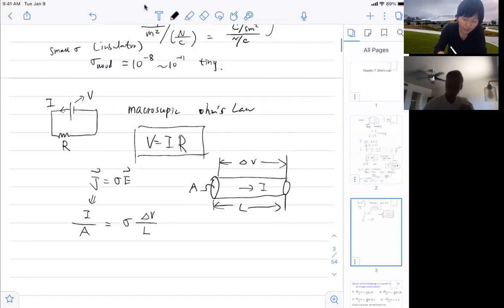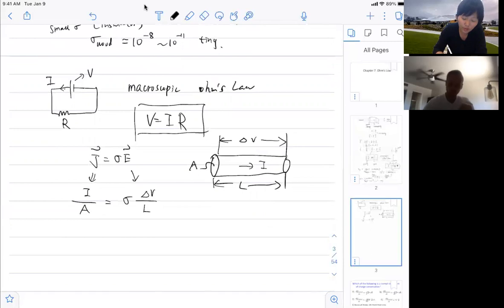So I can replace J by I over A and E by delta V over L. Now, another thing that we know about the resistance of a material is R equals resistivity, you may still remember this, times length over cross section A. The longer it is, the bigger the resistance, and the wider it is, the smaller the resistance.